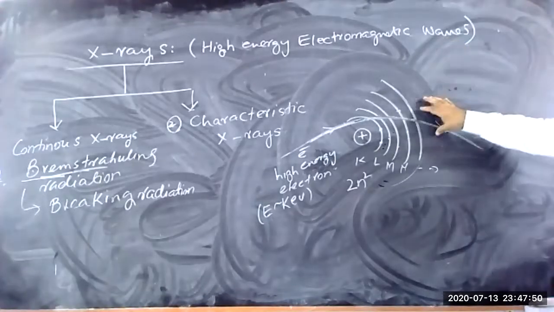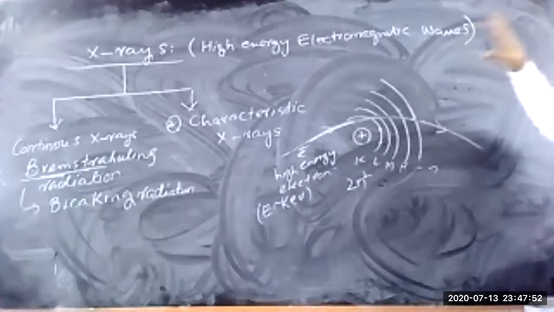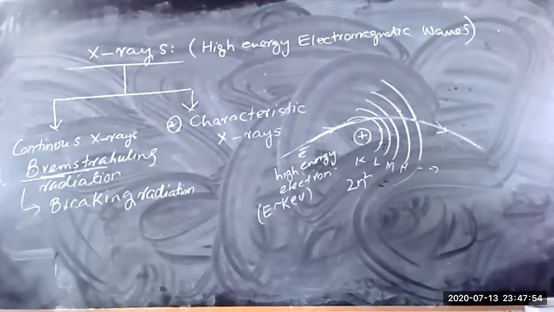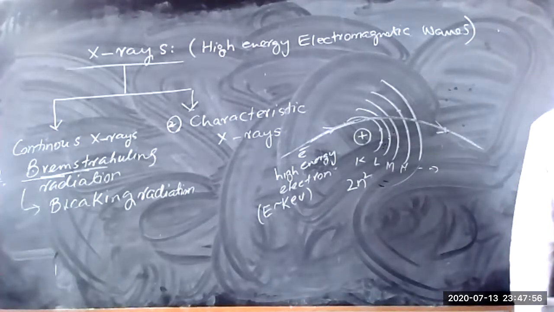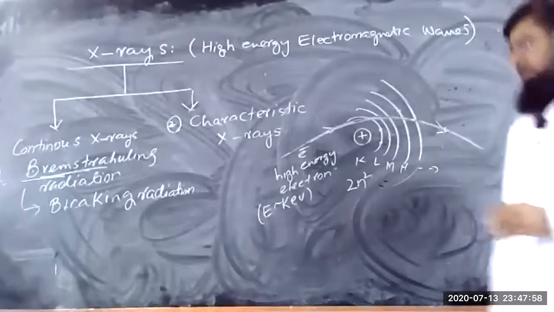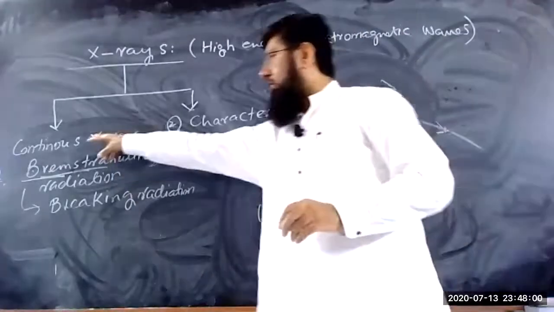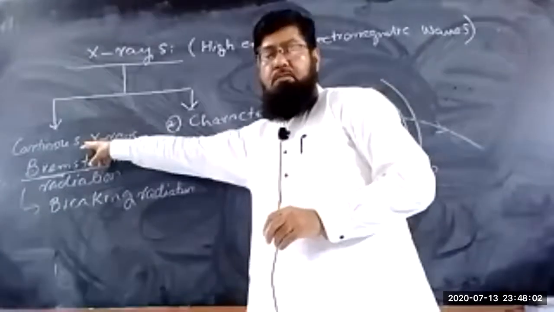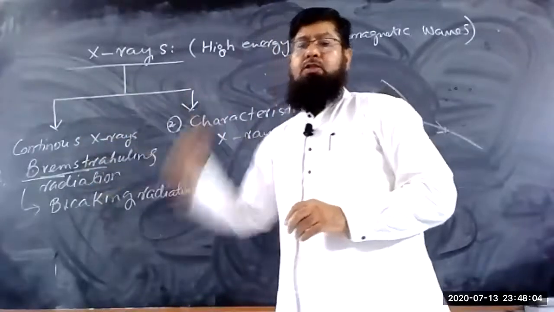This decrease in energy is converted into electromagnetic radiation. This high energy radiation is what we call continuous or Bremsstrahlung radiation.